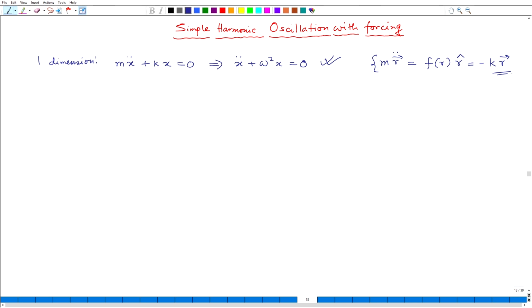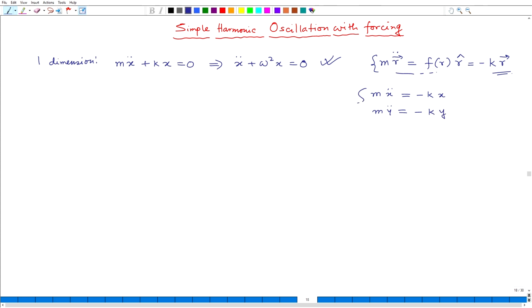You can effectively describe the resulting motion in that plane, and so you can always write this equation in a 2D plane just like this: m x double dot is equal to minus k x and m y double dot is equal to minus k y.